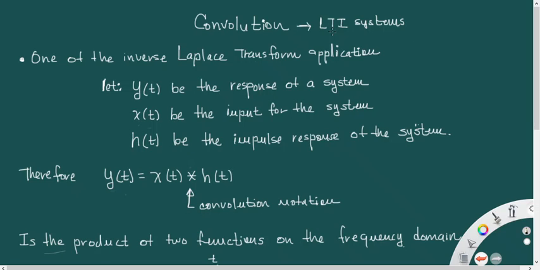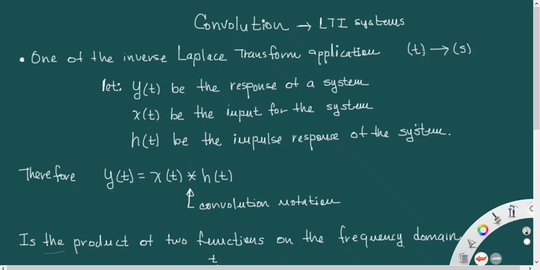As you remember, maybe a couple of years ago or a year and a half ago, we studied the Laplace transform. And with the Laplace transform, we were changing the domain of a function from time to frequency.